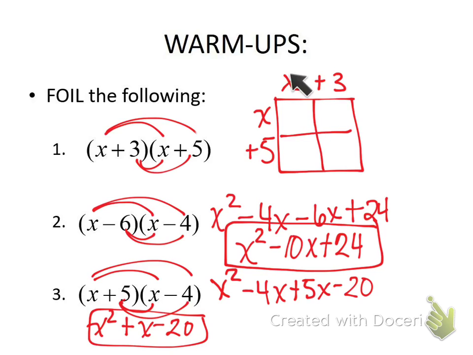And then this box would be x times x. This box would be 3 times x. Down here we'd have x times 5. And then down here we would have 5 times 3. Have you seen something like that before? Yep. Okay. So if that helps you keep it straight, you can write those off to the side.